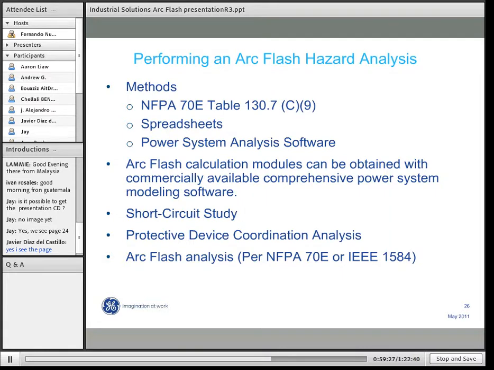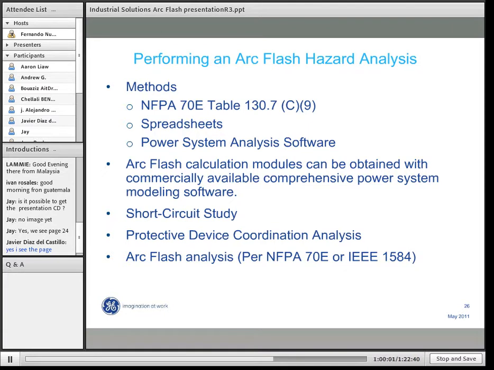And then typically what you do is you go back, if you find some of your arc flash hazards are too high, you go back and revisit your coordination study, and you can adjust some of the tripping times of the protective devices. And that way you can reduce the arc flash hazards and hopefully still maintain coordination.